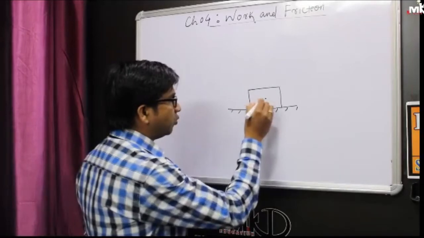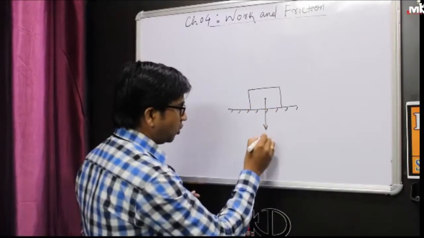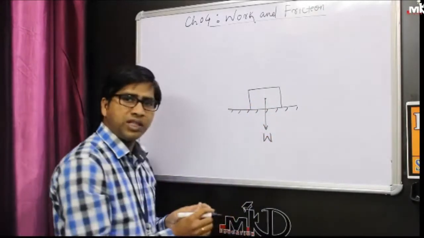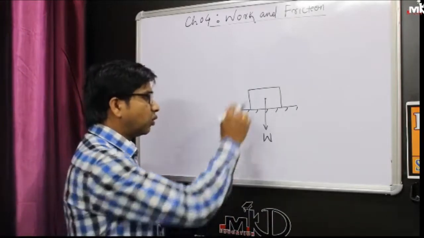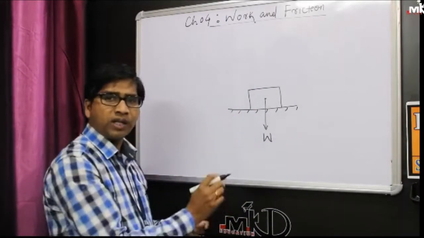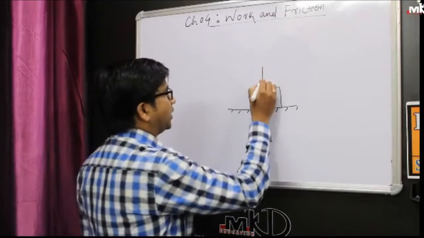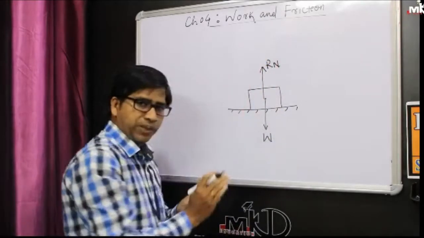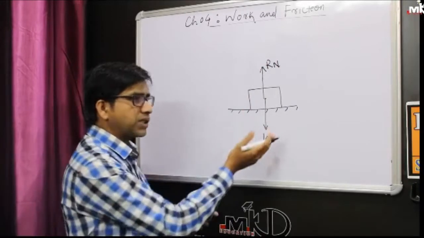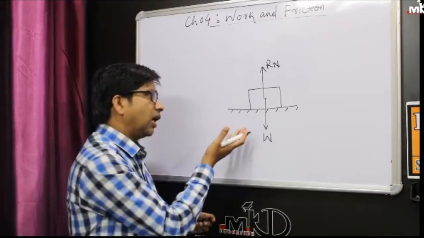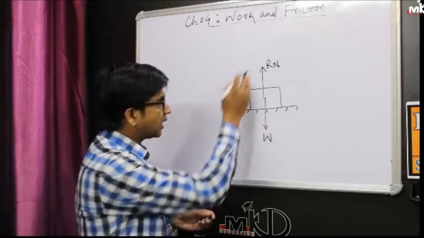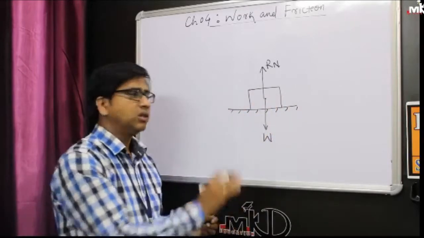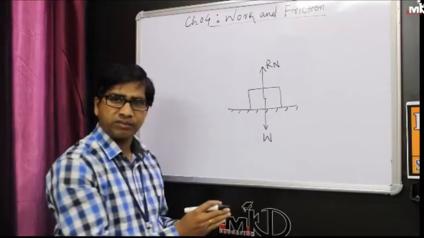The weight of the body W is always acting downward, irrespective of position, and the normal reaction acts upward. That reaction is perpendicular to the horizontal plane, so this is the normal reaction.